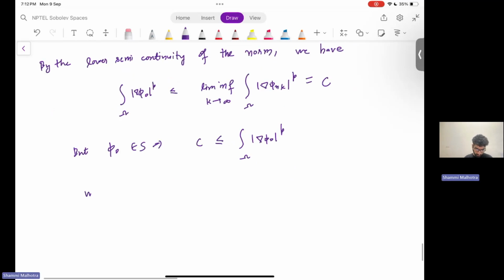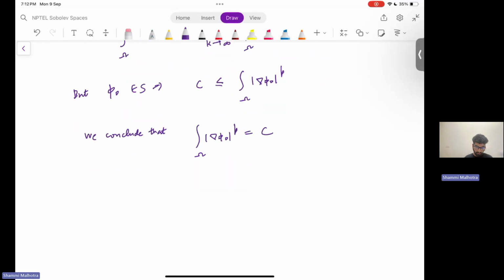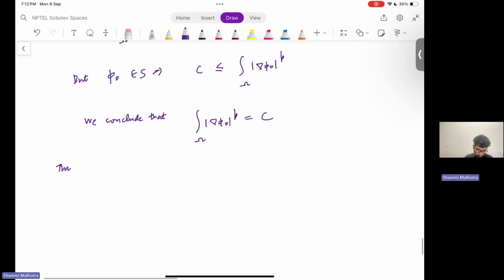So we conclude that the integral over omega of grad phi naught to the p has to be equal to c. Thus we have our best constant achieved.